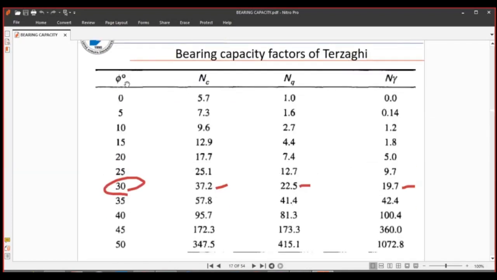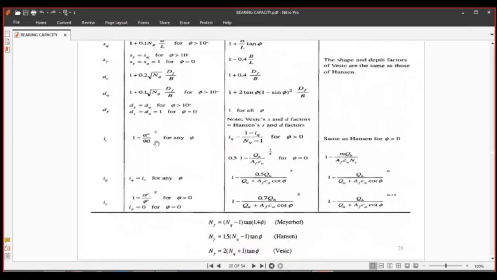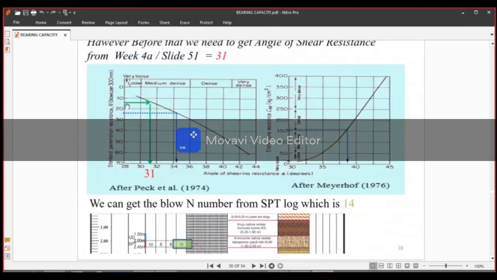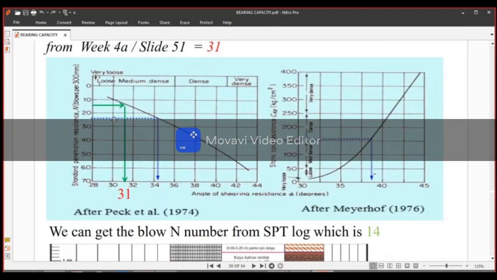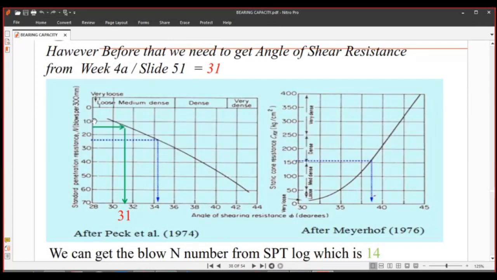So first I need to correlate and observe internal friction angle. On our lecture notes, we have a correlation factor. It's somewhere here. Our SPT N is about 15, so in between 10 and 20. We will observe something like 31.